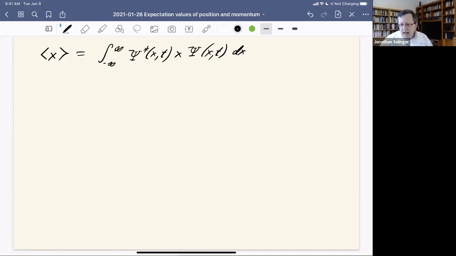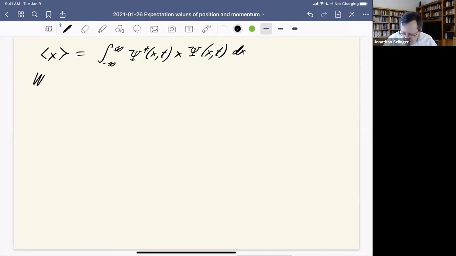You know that this might or might not depend on time, because you've seen examples both ways. In the first example, it doesn't depend on time, and in the second example, it does.